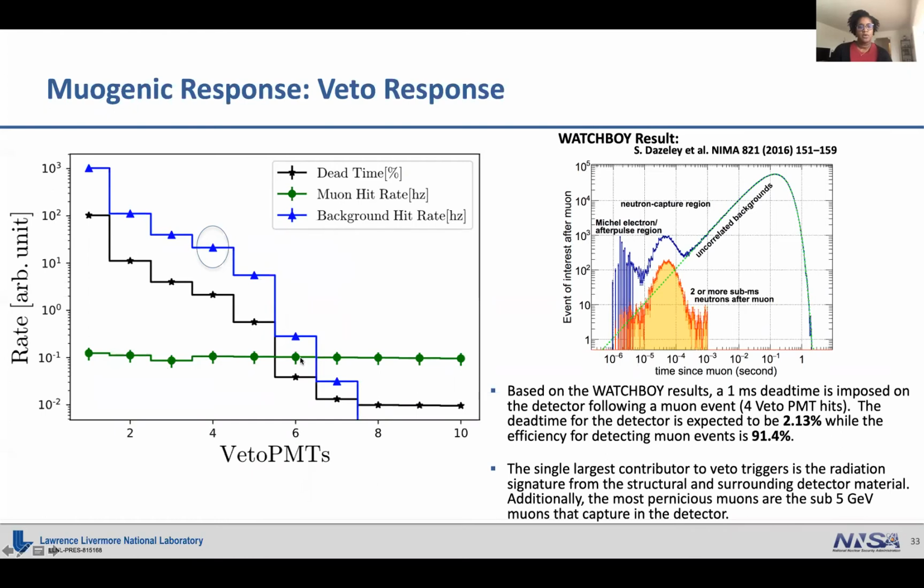And so what we do is we look at how many times we see the muon hit rates relative to the background hit rate. In the background hit rate, again, similar to our problems with our backgrounds, we have radioisotopes that are also going to trigger our veto PMTs.